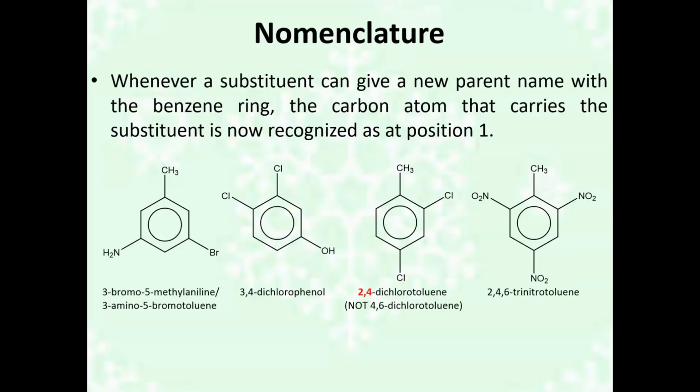The last example, we have 3 NO2 nitro groups and 1 CH3 group. Again, CH3 is at position 1 and the parent name is toluene. So the answer is 2,4,6-trinitrotoluene. Don't forget to write di or tri if the compound has 2 or 3 of the same type of substituent.